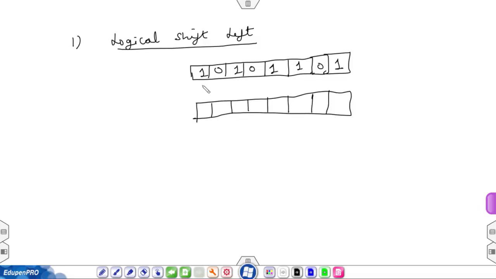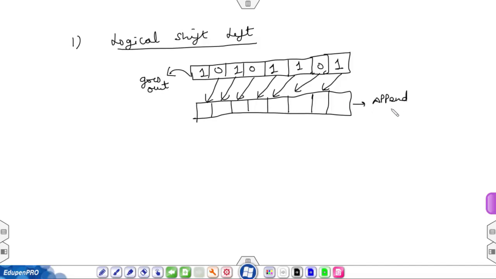Now here you can see what is happening. We have to shift every bit to the left position. So here 1 will come here, 0 will come here, 1 will come here, and so on, and this bit goes out of the register. In the last position you can see it is empty now, so append 0 here.